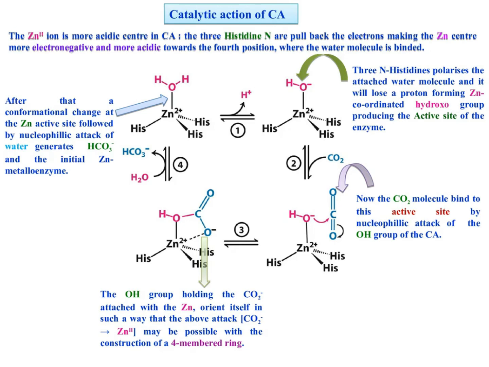Now the 3 histidine molecules are present below the structure. Since nitrogen atoms are very much electronegative, they polarize the bonded electrons, and as a result the Zn-O bond as well as the O-H bond get polarized and an H plus ion gets released to produce the active site structure as the OH form shown in the catalytic cycle.